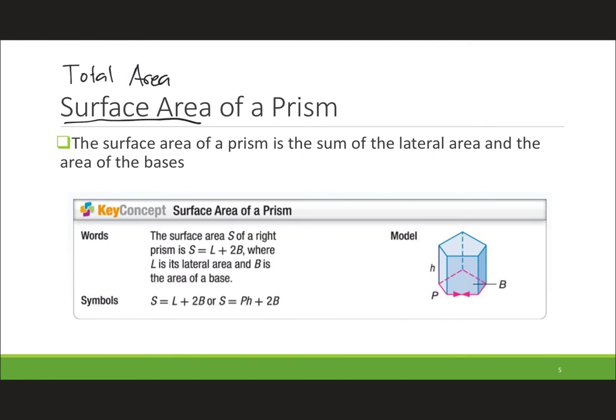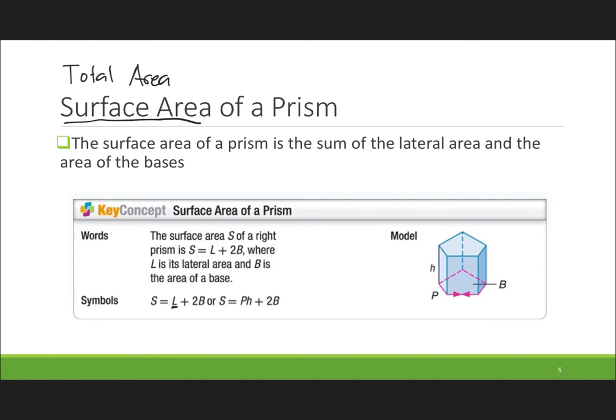Now the total area includes the top and the bottom. So whereas beforehand in the lateral area, all we cared about were the lateral faces, now we care about the lateral faces plus the top and the bottom. And that exact phrasing almost translates directly into our equation.